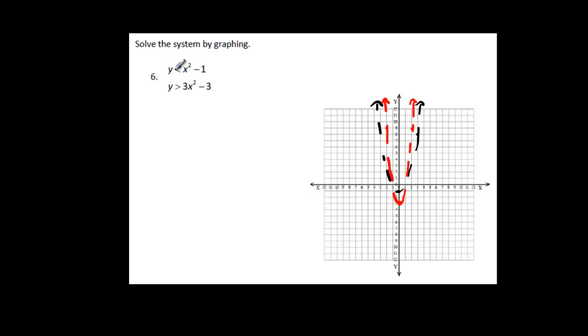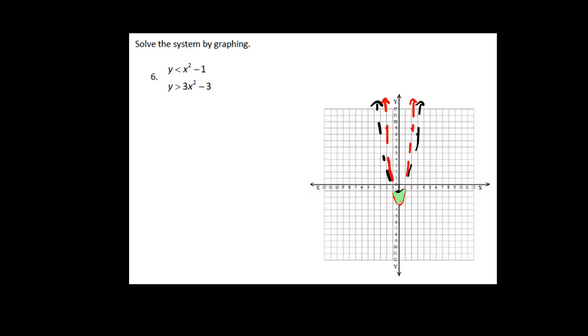You're going to be shading everything under that. And then for the red one, you're going to shade everything above it. So if you can picture that, this area here is going to be the solution area. So that area right here.